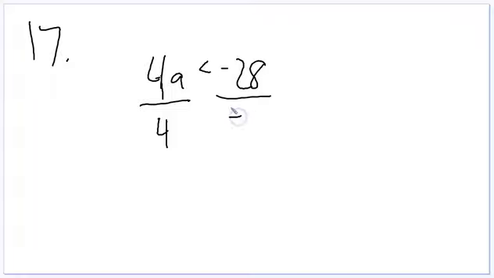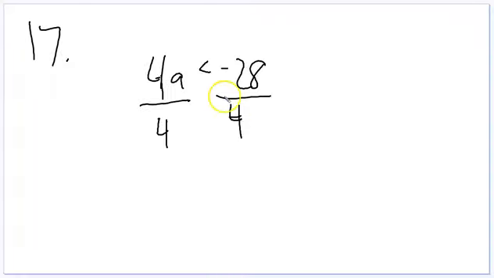4A is less than negative 28. So class, this was a tricky one for some students. I saw them make the mistake in class. We are dividing by 4. Both sides. They saw the negative sign and just thought, oh, there's division and there's a negative sign, we're flipping the inequality sign.